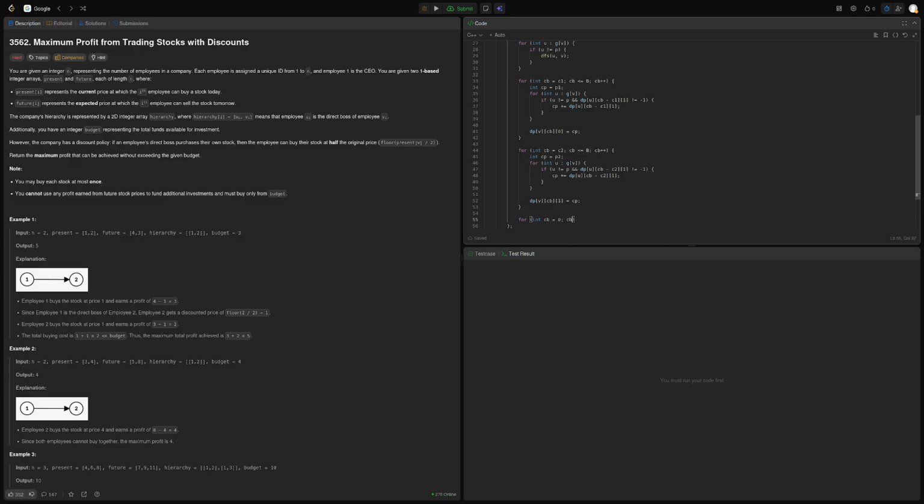Current budget is 0, current budget is, it's 3 loops, so it's kind of bad, but current profit is 0.